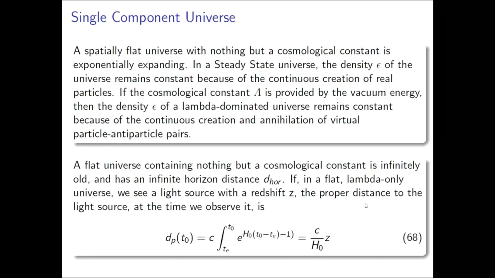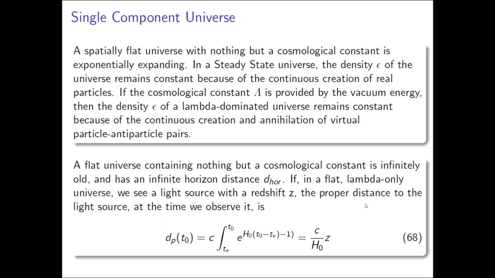In this case, since we don't have matter or energy in the specific universe, we say that the cosmological constant is provided by the vacuum energy. As you have seen in the previous lecture, the density also remains constant, because in vacuum you have virtual particles that are always produced in pairs, a particle and an antiparticle.